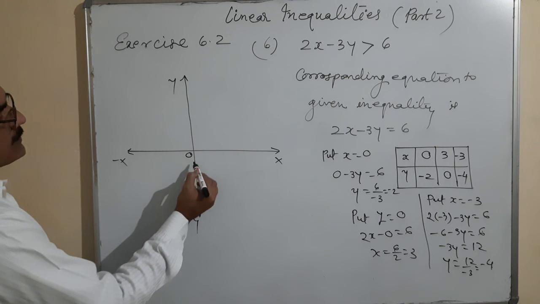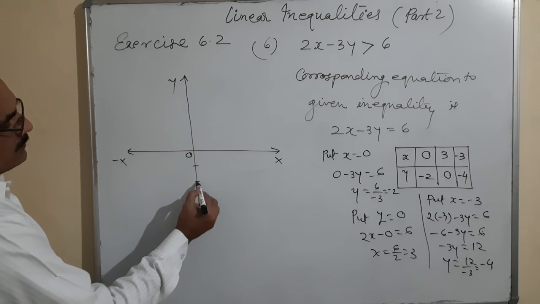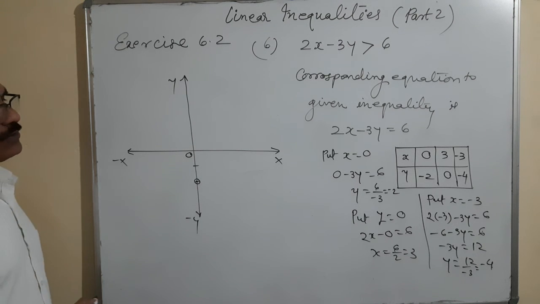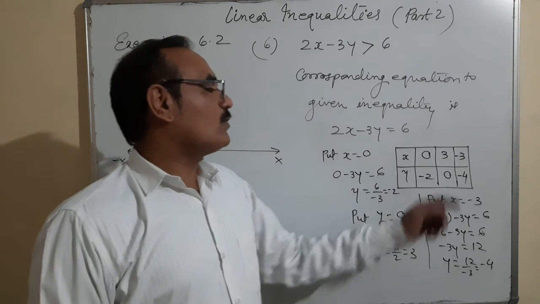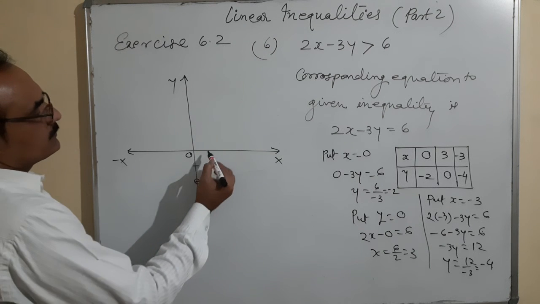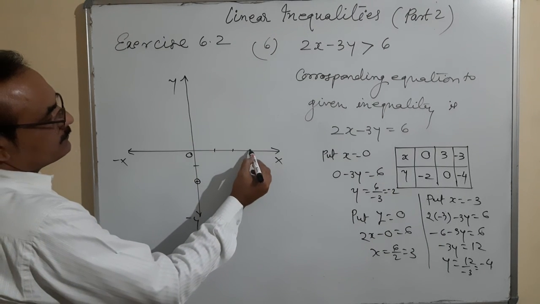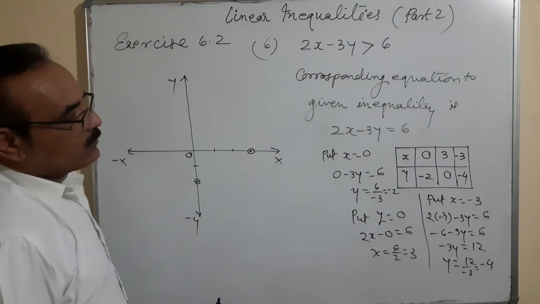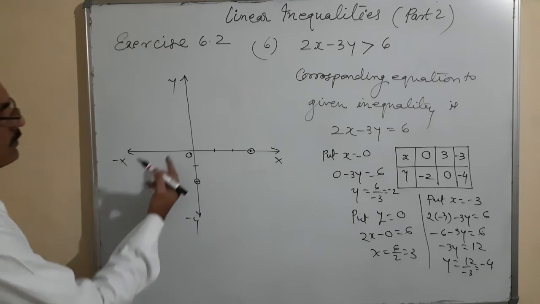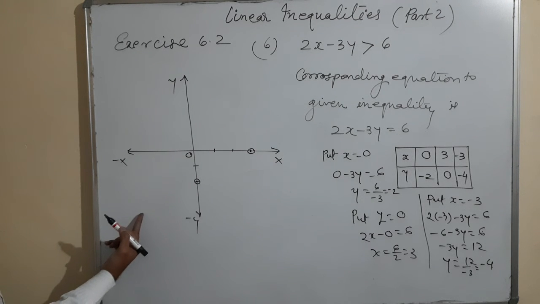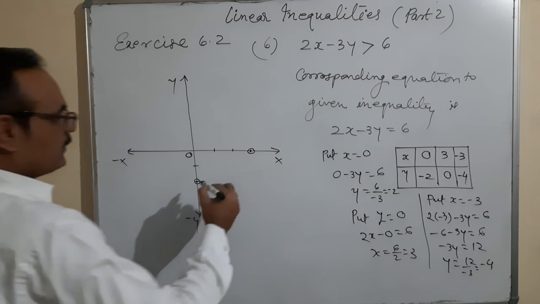This is 0 comma minus 2. 3 comma 0. X 3, y 0. And one point is minus 3 comma minus 4, the point is coming here in that straight line.